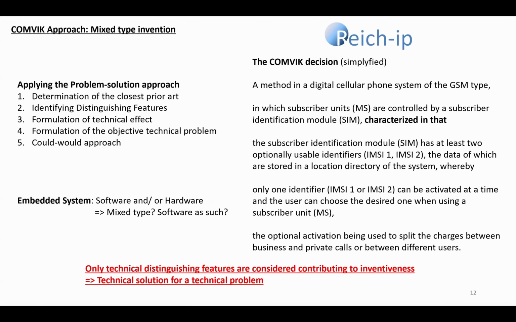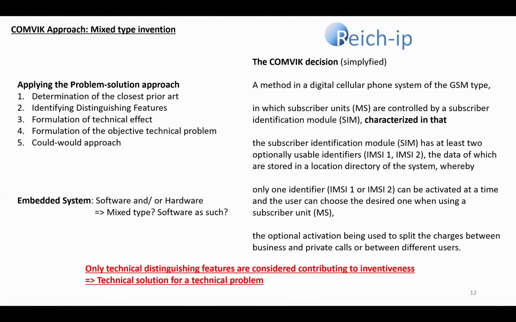According to the Comvik decision, on the right-hand side, you see the claim, which I will shortly summarize. The Comvik decision was mainly an application directed towards a method in a digital cellular phone system. And the major issue here was that the subscriber or the user had two identifiers, one as a private user and one as, let's call it, a business account.